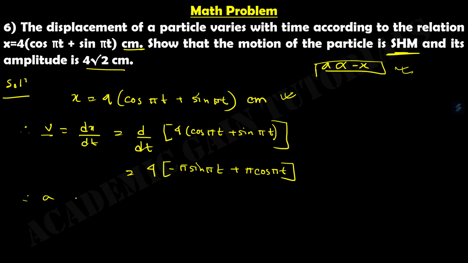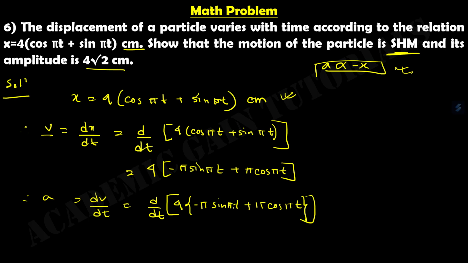Then to find the acceleration, I will again differentiate this equation with respect to time. So d by dt of 4 times minus pi sine pi t plus pi cos of pi t will be equal to 4 times minus pi square sine pi t minus pi square cos of pi t.